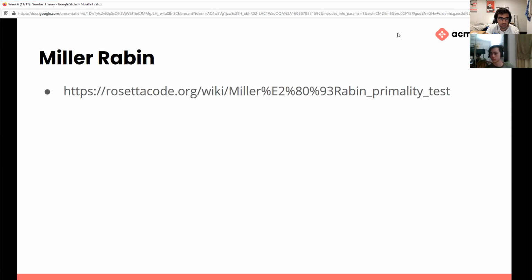I also included a link here to the Miller-Rabin test. I don't think it's very useful to understand. It is interesting, but it won't be used as much in competitive programming. You might want to have it as reference material.